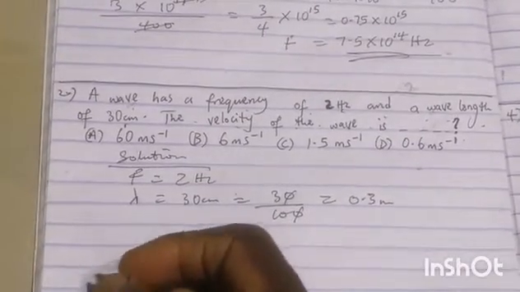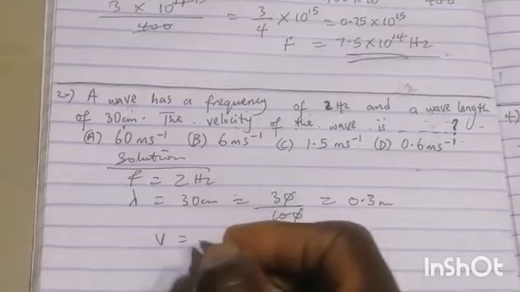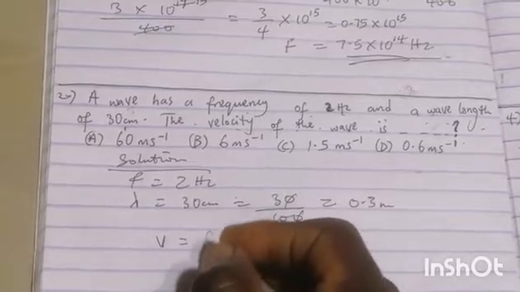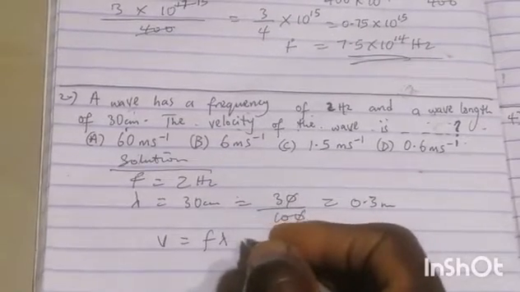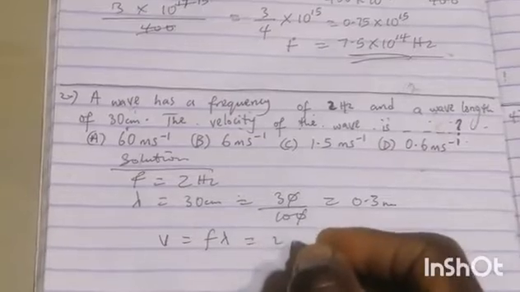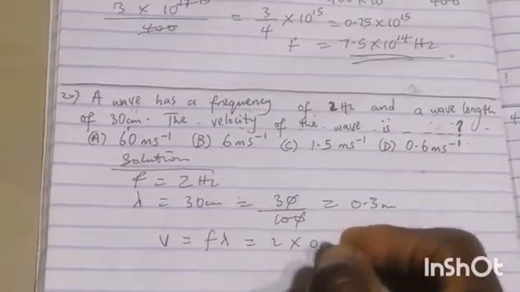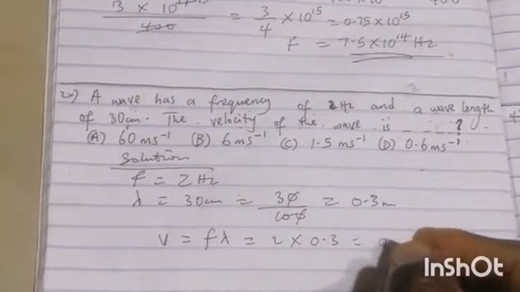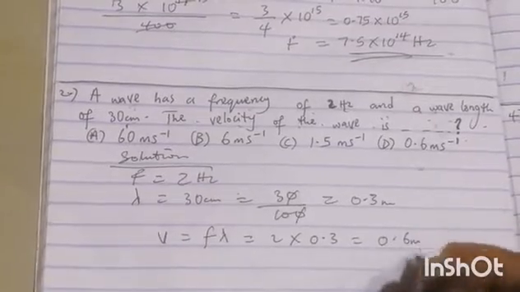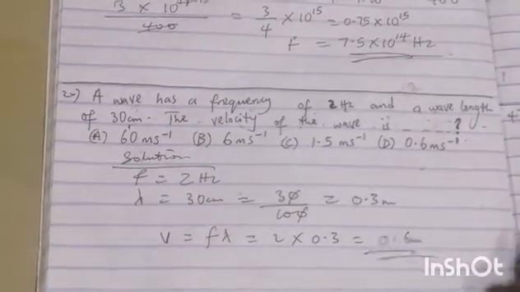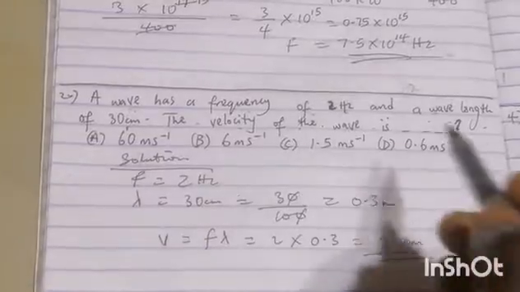So looking for my velocity now, my velocity is f, that's frequency times wavelength, and that will be 2 times 0.3, and that will be 0.6 meter per second.